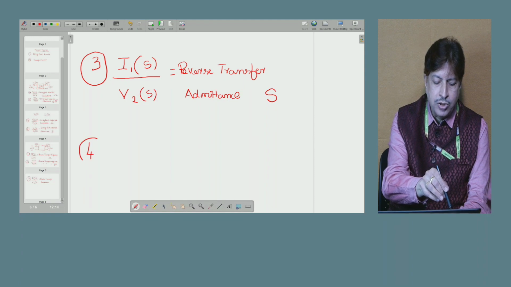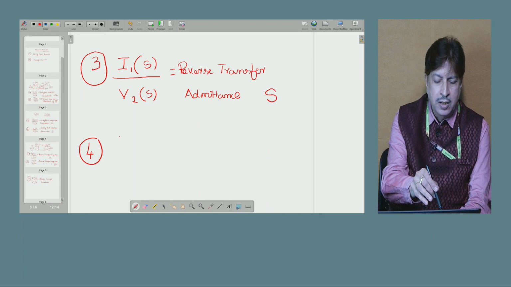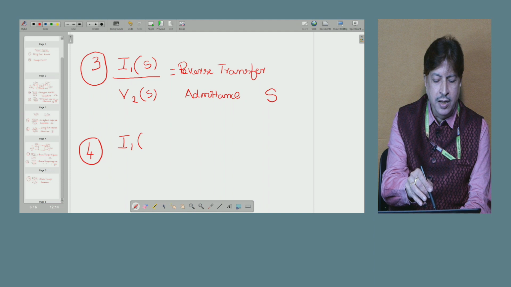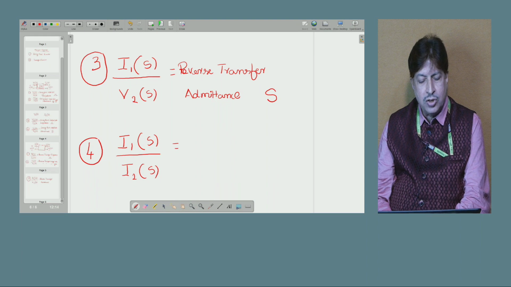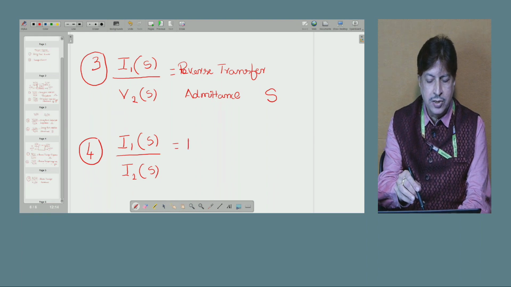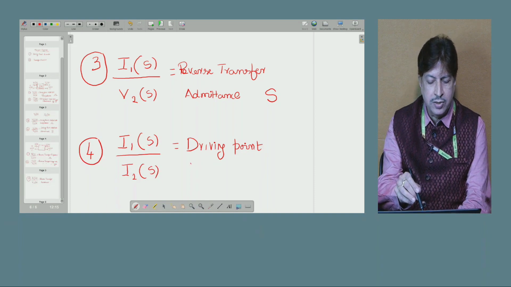The fourth possible transfer function, let us consider I1s by I2s. So what should be the name of this transfer function? Both are currents, numerator and denominator are currents.